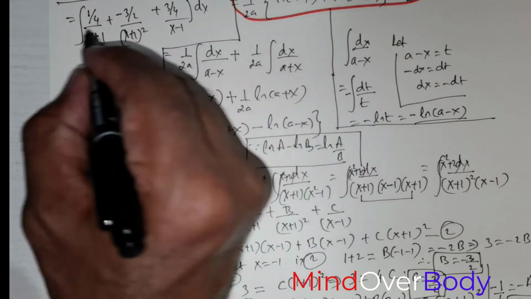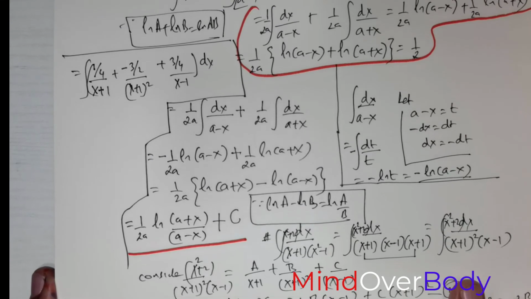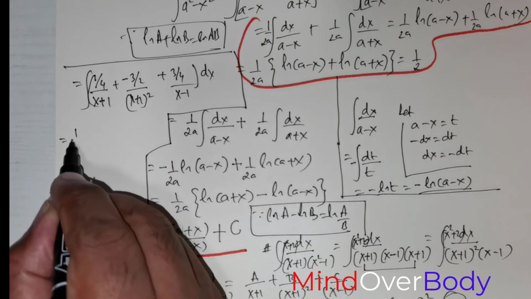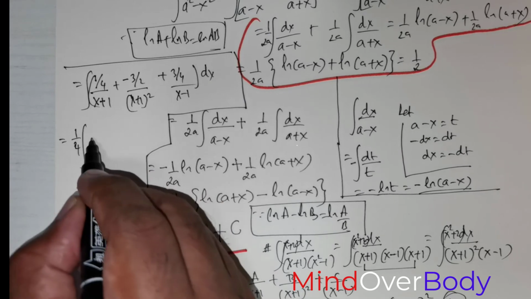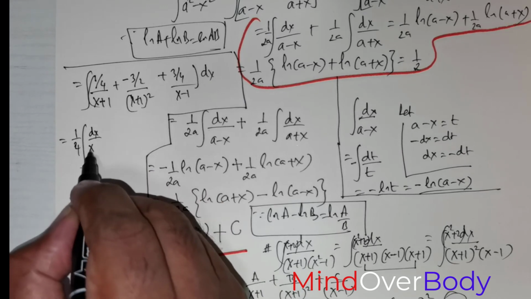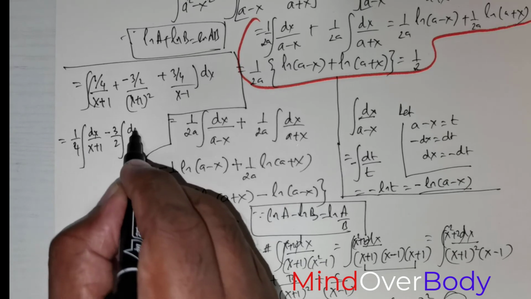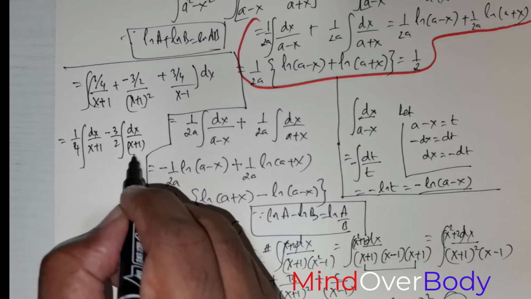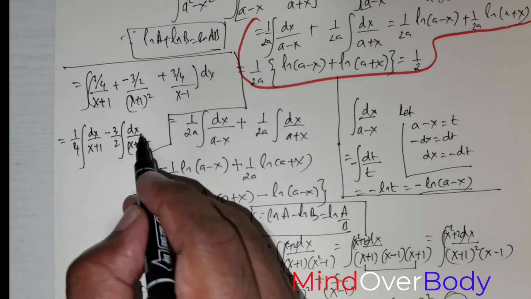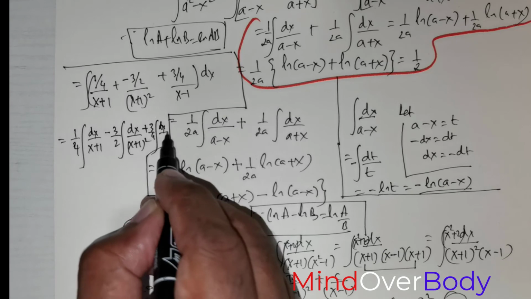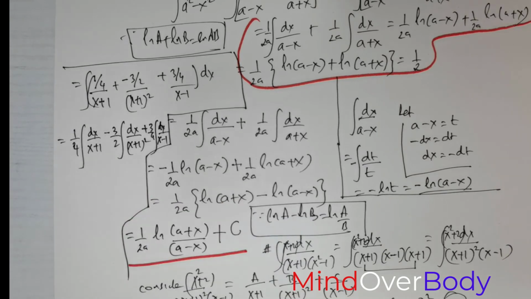So this is smooth and it's not much complicated. Let me rewrite it like this: 1 over 4 integral dx over x plus 1, and then negative 3 over 2 integral dx over (x plus 1) the whole squared, followed by 3 over 4 integral dx over x minus 1. This is what we have got.